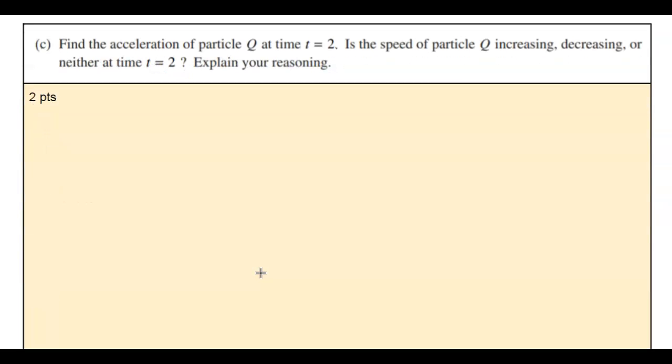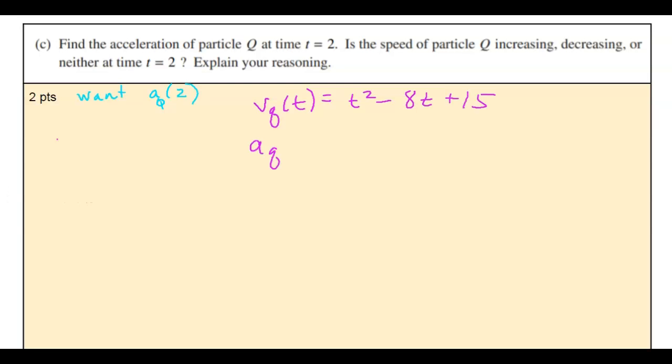Part C is also worth 2 points. Part C says define the acceleration of Q at time t equals 2. So what we want is A of 2 for Q. We know our velocity of Q is t squared minus 8t plus 15.